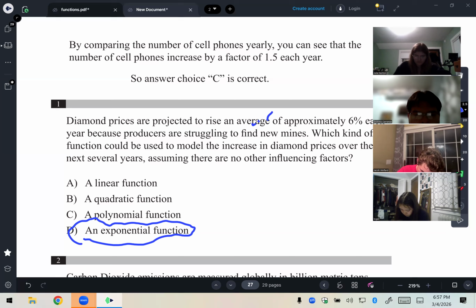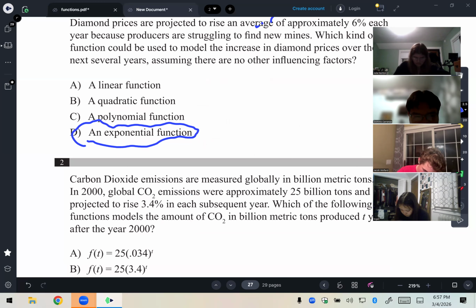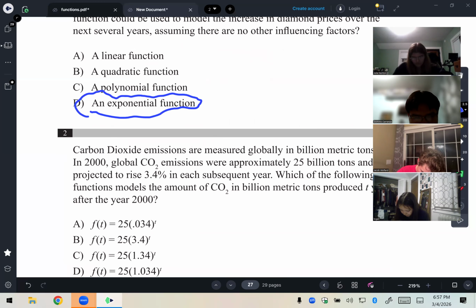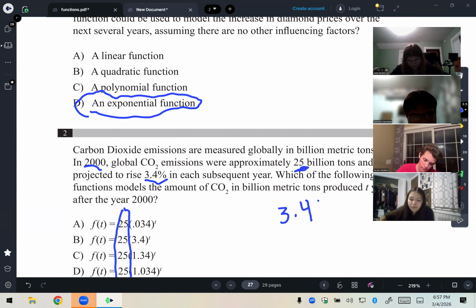Okay, carbon dioxide emissions, and these are the actual figures, are measured globally in billion metric tons. In 2000, the emissions were 25 billion. So that's what we're anchored in, 25 right there. It's going up 3.4%. Remember from the percent lesson, we drop the percent and move the decimal, so we're going to have 0.034.